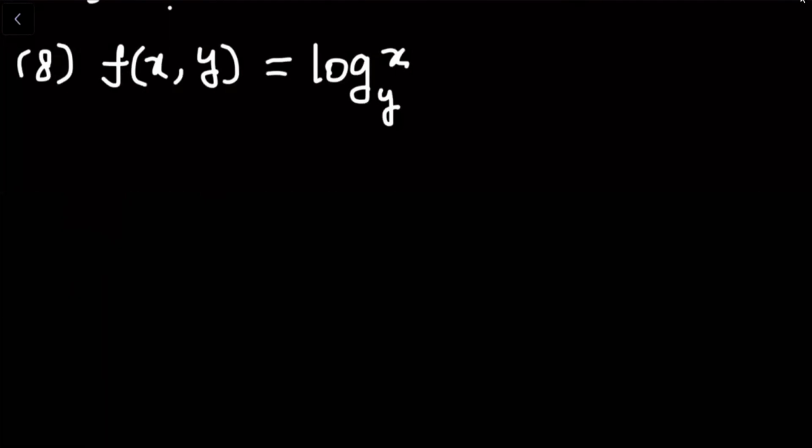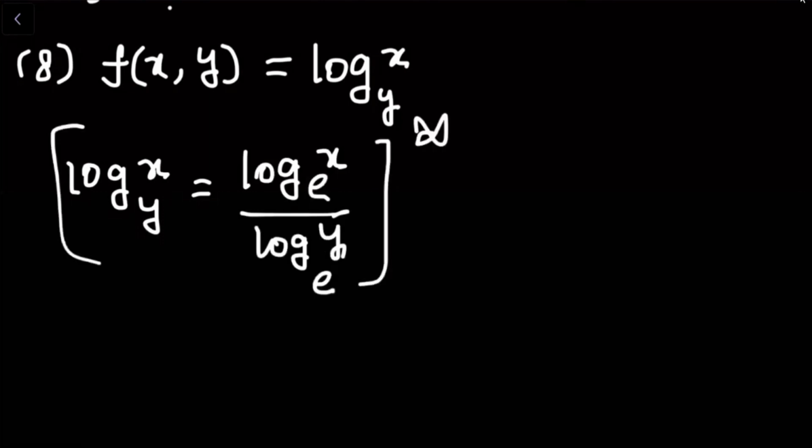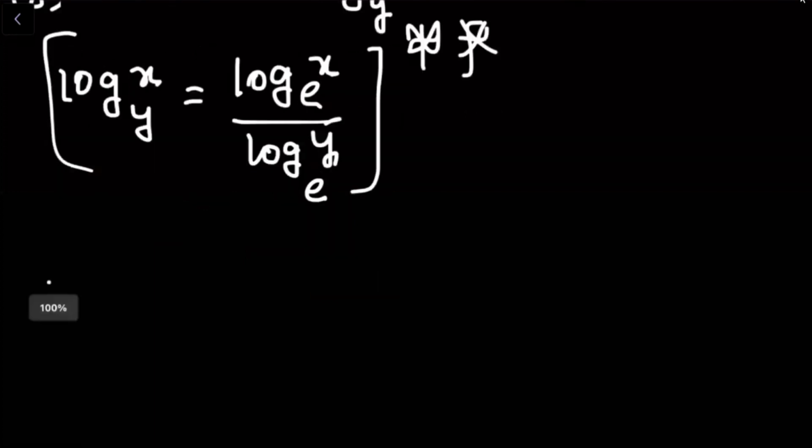If you have log x base y, you can write it as log x to the base e upon log y to the base e. It's a property of logarithm. We are using it here.